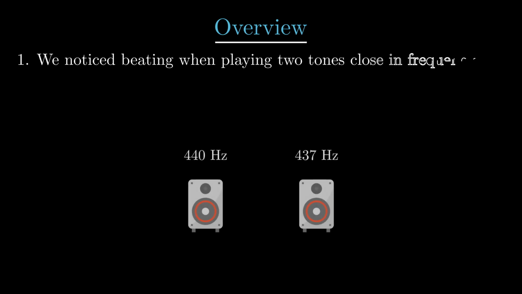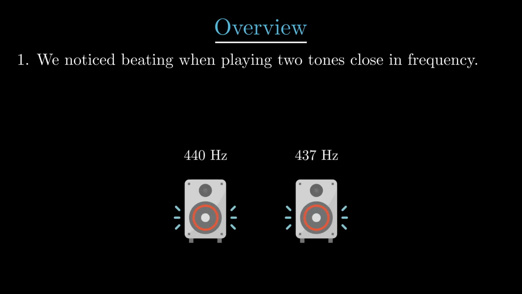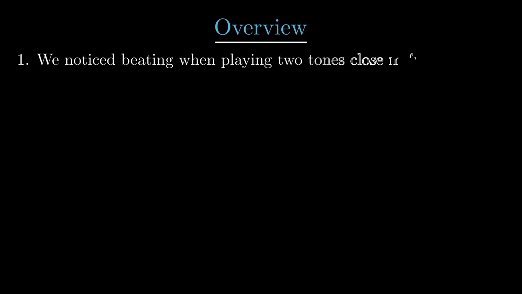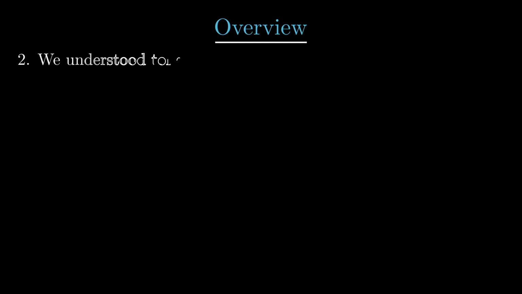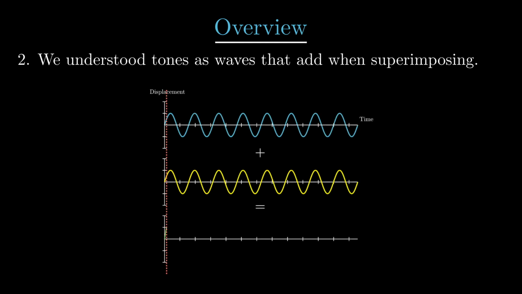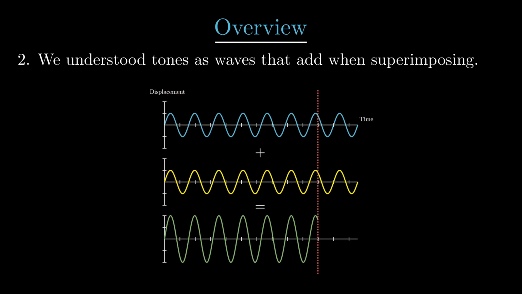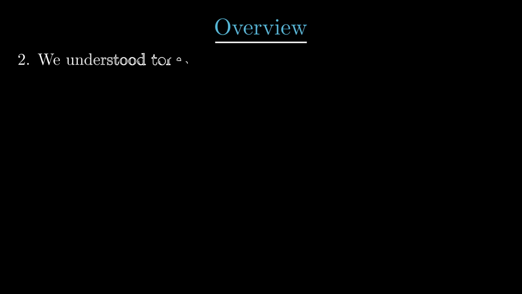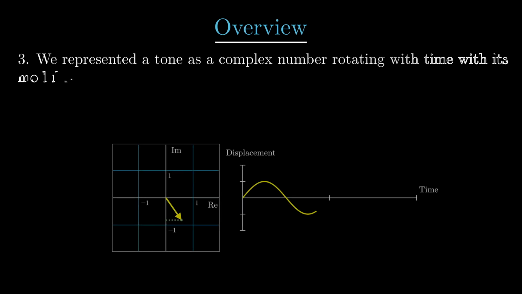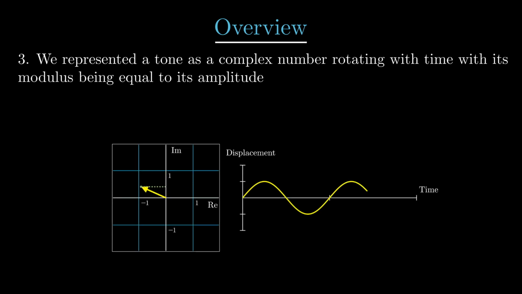Let's get an overview of what we did. Firstly, we notice beating when playing two tones with similar frequencies. Next, we understood tones as sinusoidal waves that add when superimposing. Then, we represented a tone as a complex number, rotating with time, with its modulus being equal to its amplitude.